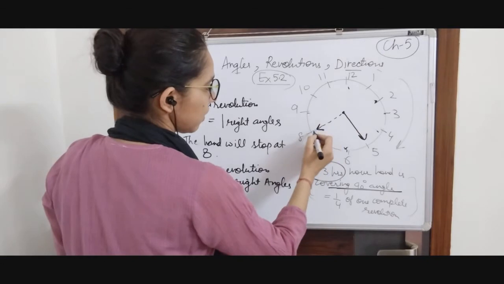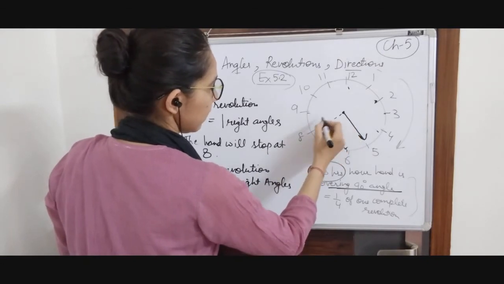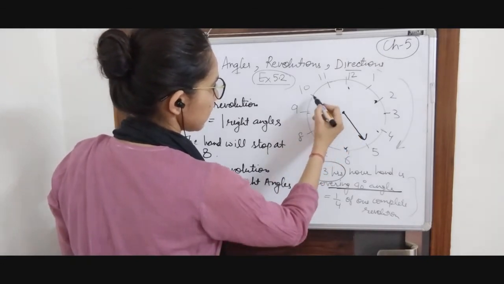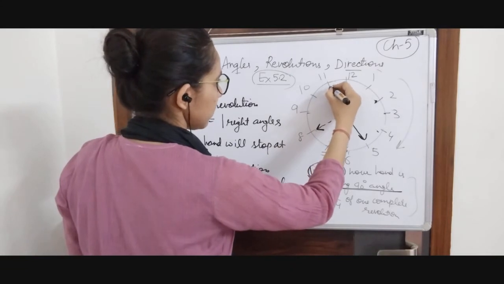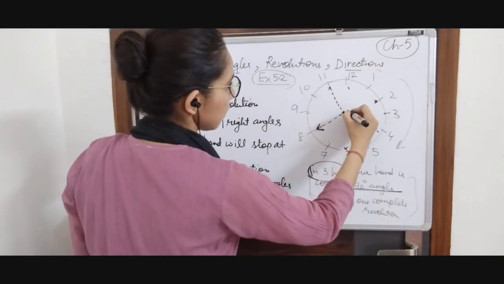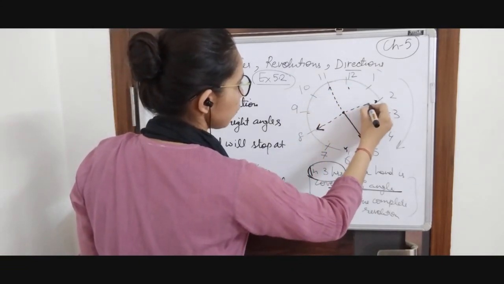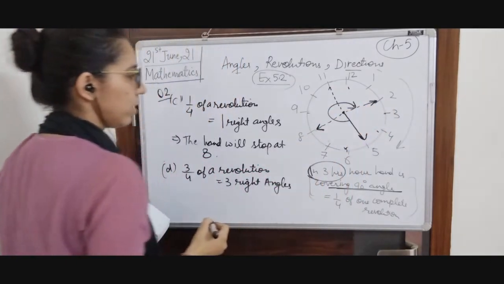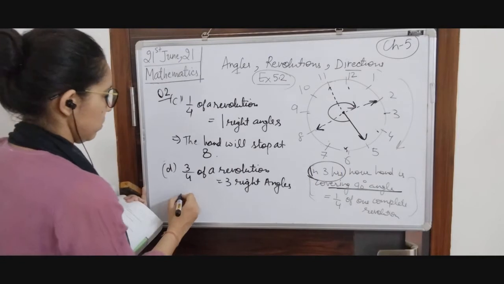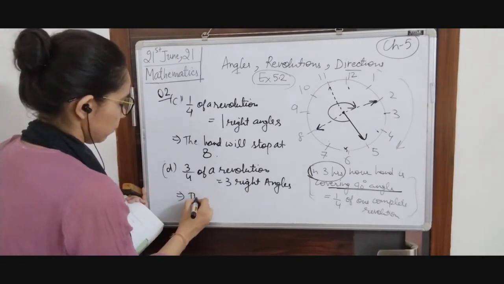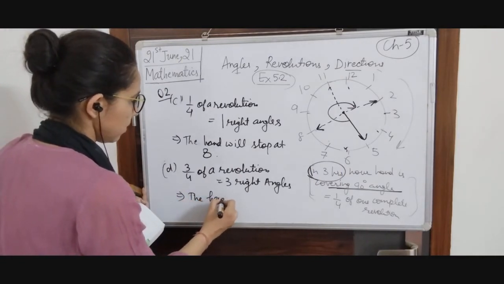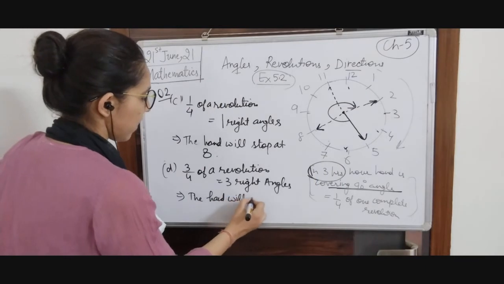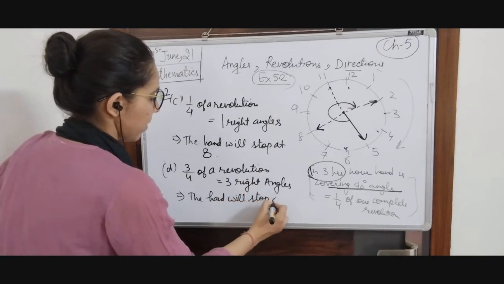So one right angle here. Second is after 3 hours. Third is at 2. Okay. So if we are going clockwise, we are going to reach at 2. So the hand will stop at 2.